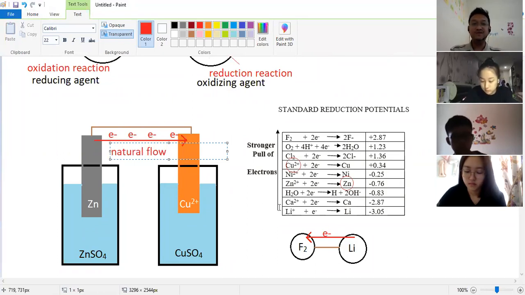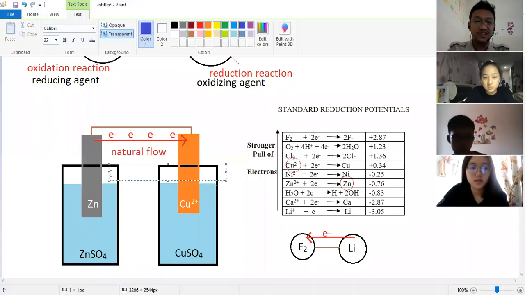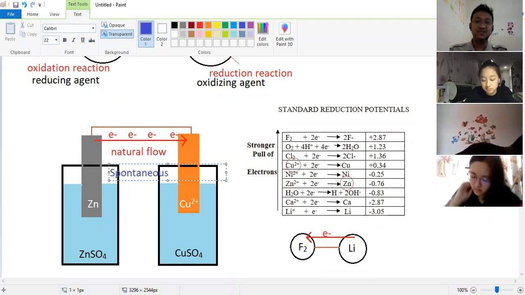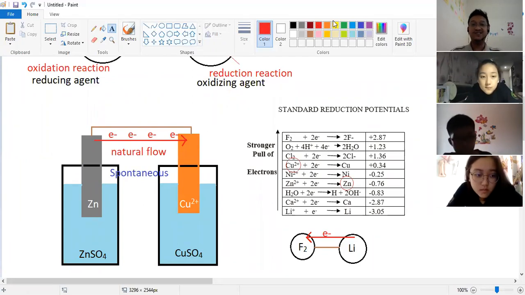And if there is natural flow of electron, what kind of reaction is this in electrochemistry? Spontaneous. So we expect that there is this spontaneous reaction. Which of the two metal plates here is oxidized, or the one that has oxidation?